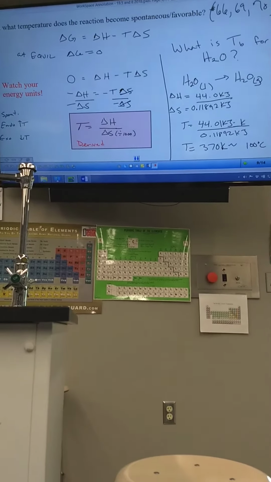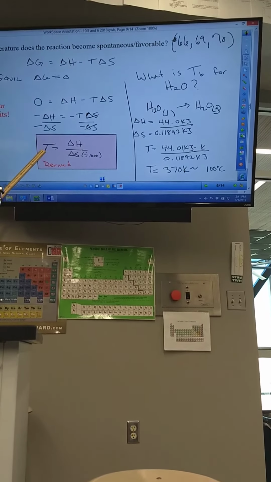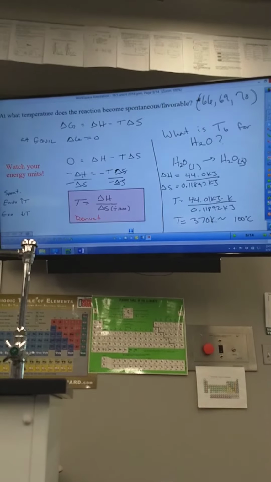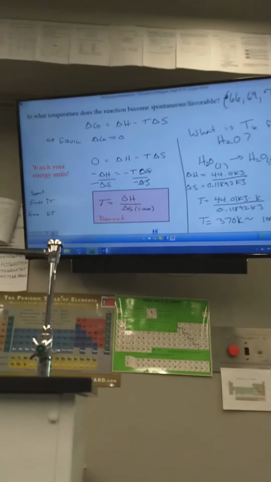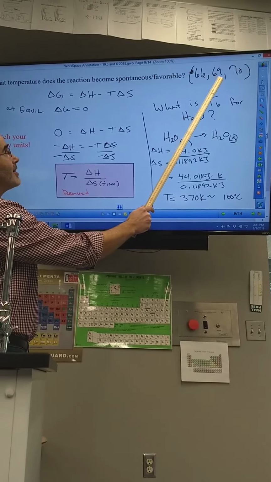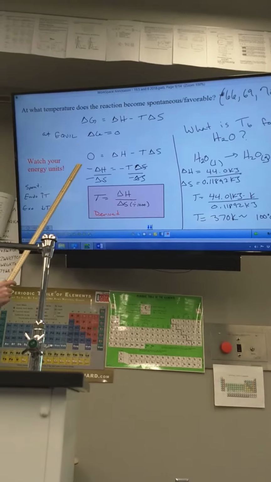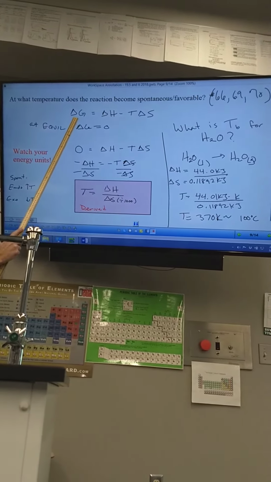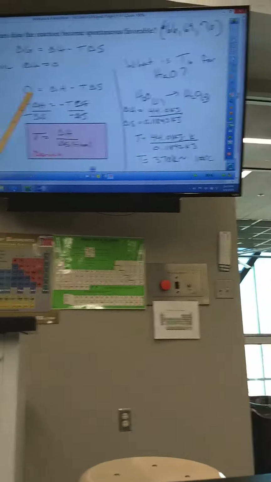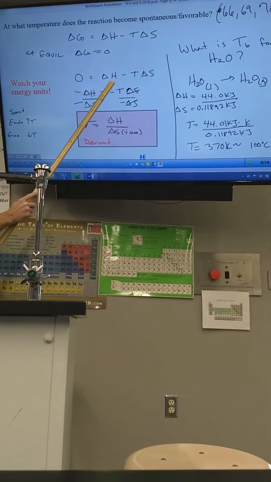Now, getting on to what temperature a process will change between spontaneous and non-spontaneous if it's temperature dependent. You'll be doing this in these parts of your homework, 66, 69, 70. So what we want to do is, these two are going to be equal to each other if they have opposite signs.